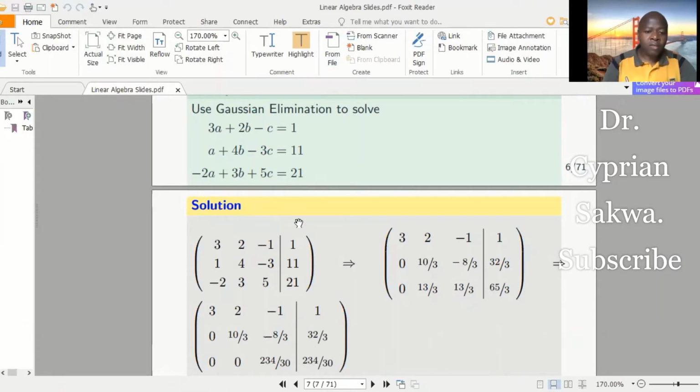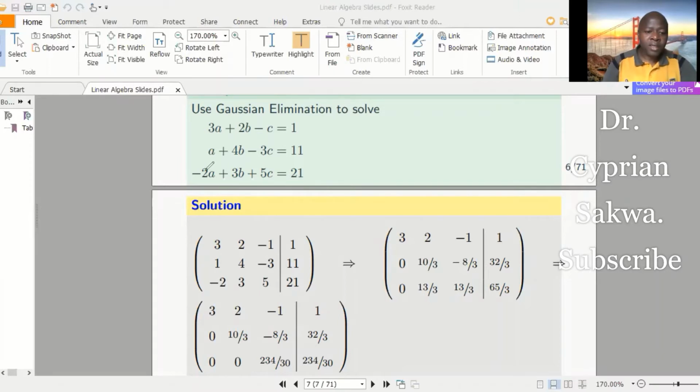So the first thing we do is to extract the augmented matrix. Use these coefficients to form the matrix. So I can see 3, 2, negative 1, equal to 1. So we just put this and then the 1 is there, after this vertical line. Then I can see the coefficients here: 1, 4, negative 3, and then 11.